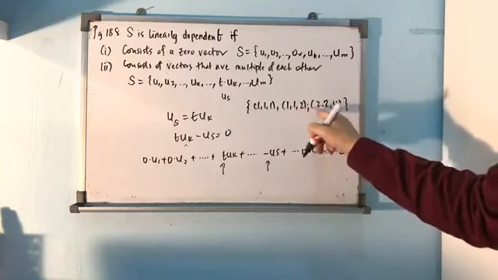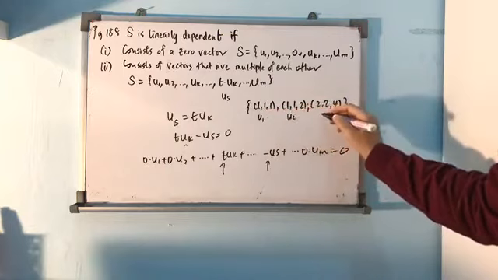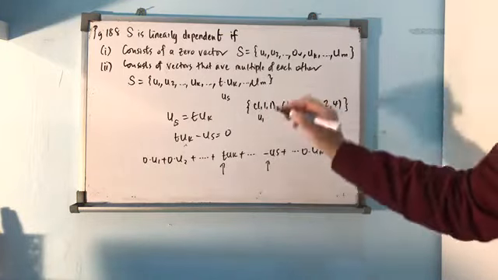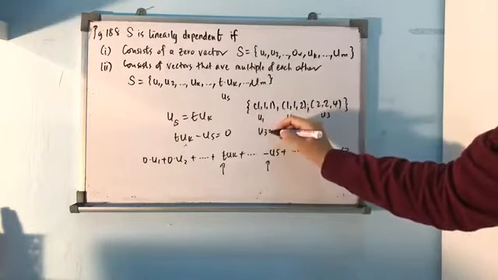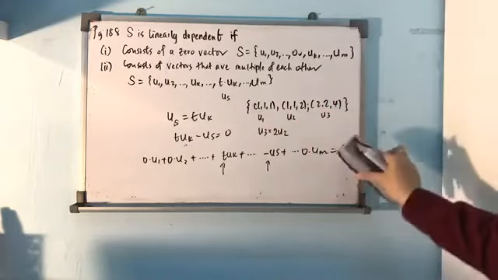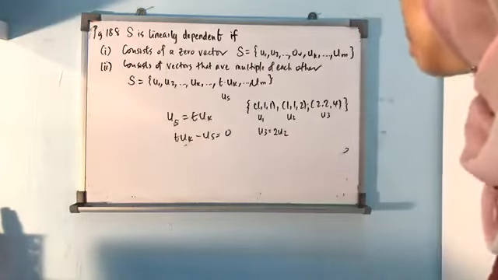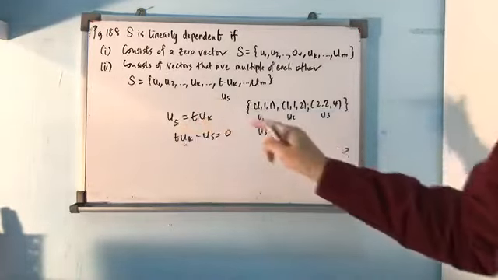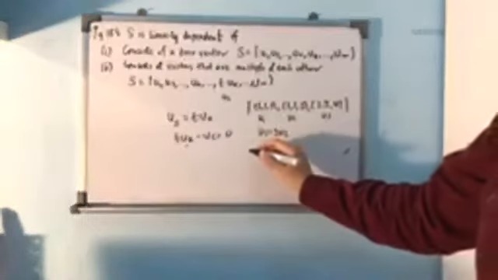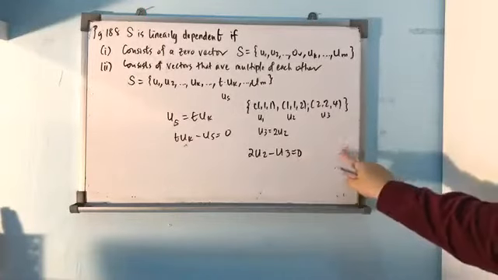If you call it U1, U2, U3, so U3 is 2 U2. Then you bring it to the other side, you get 2 U2 minus U3 is 0.